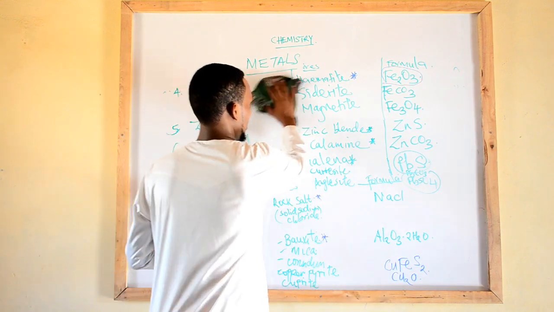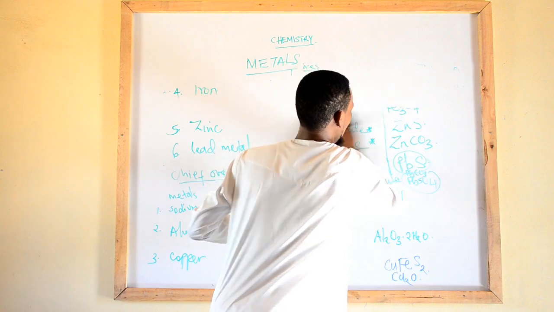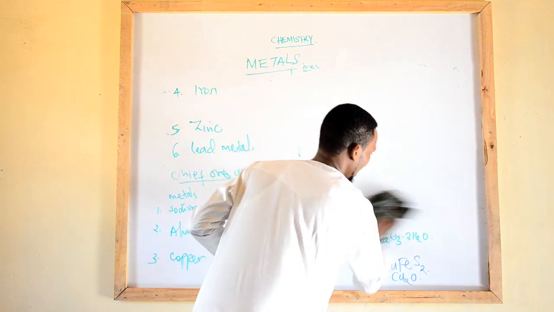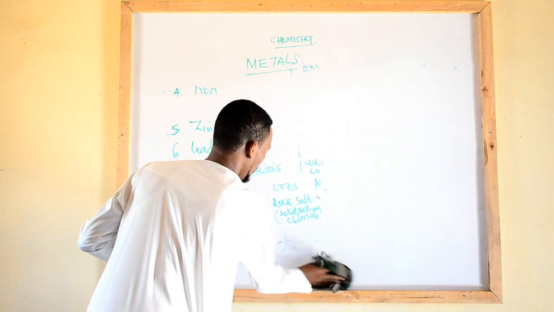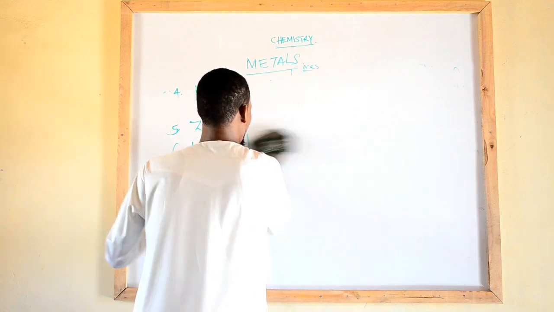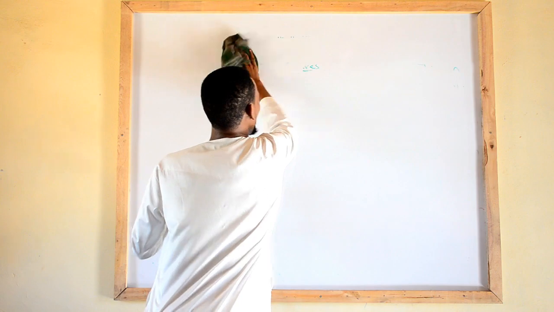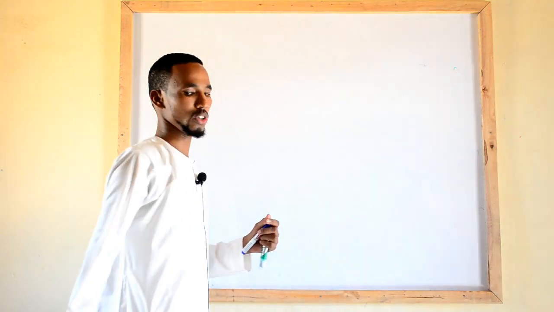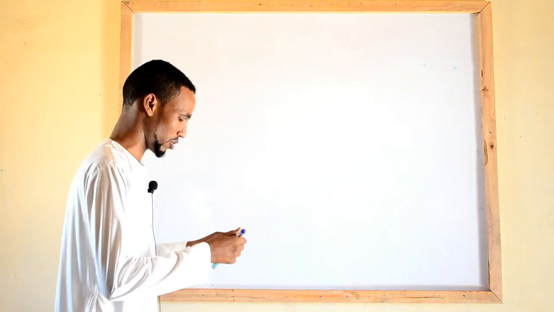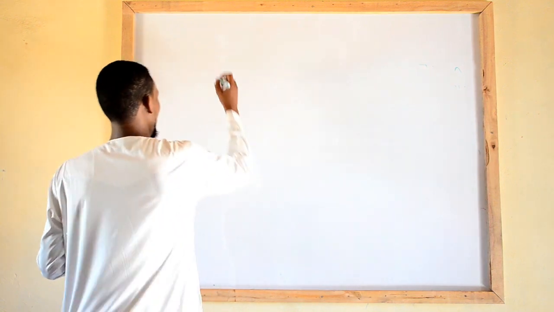So the next subtopic is general methods of extraction. The specific methods differ, but the general ones, which are common to almost every metal, are these ones here.